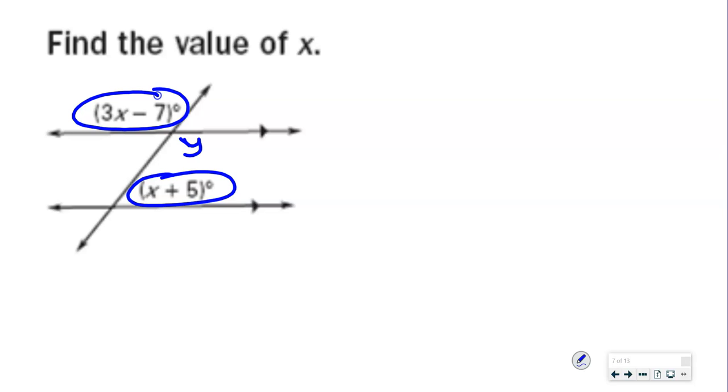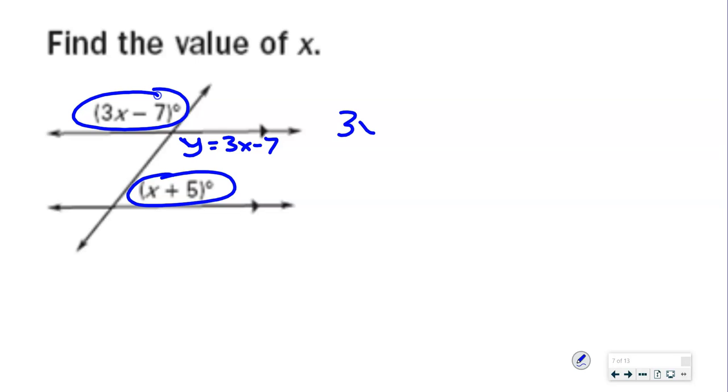So y would equal 3x minus 7. And so we can say that y here is 3x minus 7. So that angle down here now is the same. And now we have consecutive interior angles with y and x plus 5. And our consecutive interior are going to be supplementary.